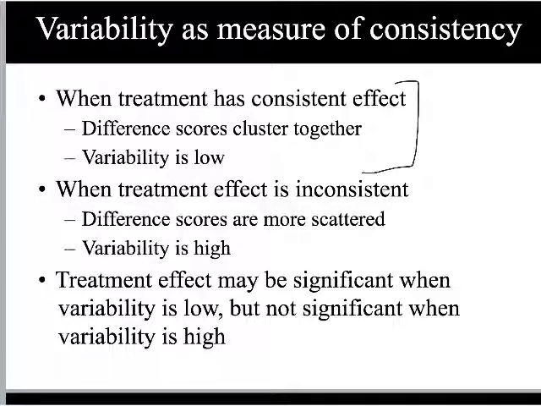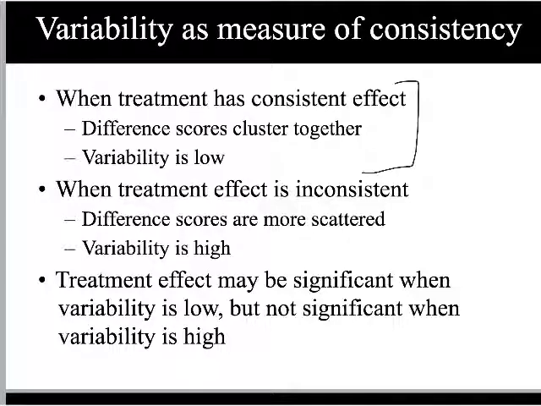You know, if a treatment effect is inconsistent, so maybe if it's a drug test, for example, there are individual differences that determine how well this drug impacts an individual, then you might see more variability. And this is evidence of inconsistency. So your different scores are going to be more and more scattered.